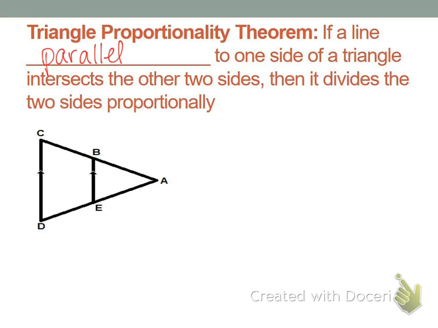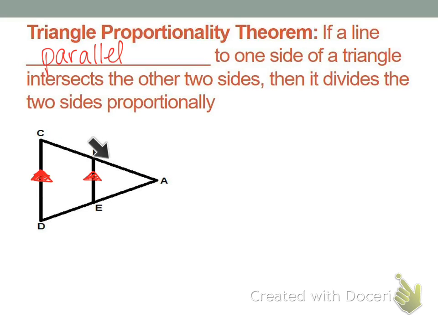Now, at least in this diagram and maybe on the one on your page, these little parallel triangles that they put are awfully small. So if you want to make them a little bit bigger to see that those are parallel, you could do that. So this line BE is parallel to CD.